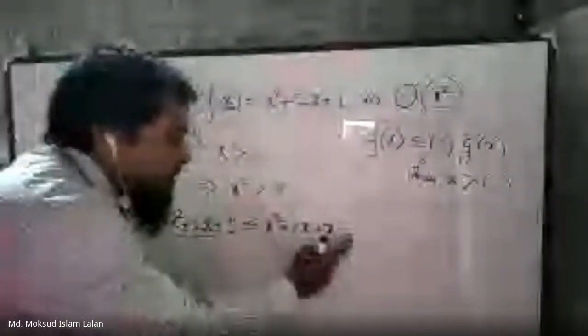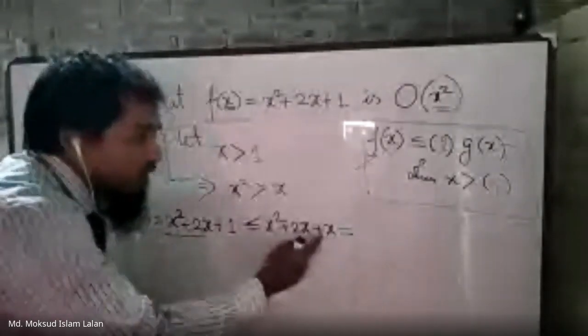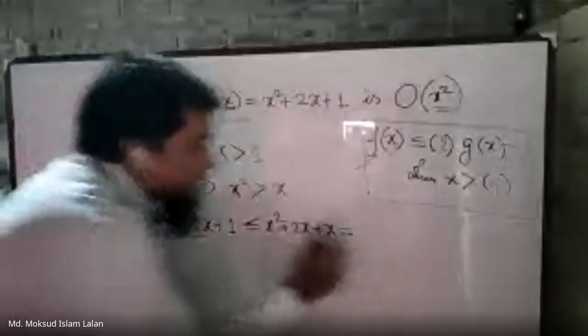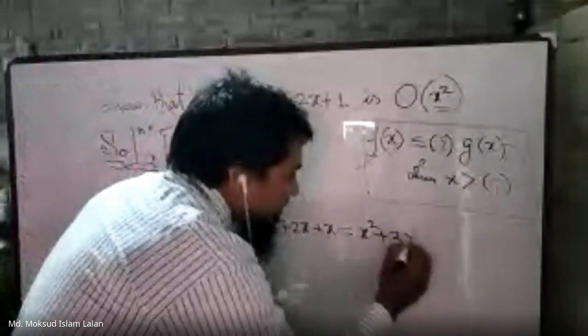Equal means for what? To equate this to this. But it's not equal. We are not using this equal sign to equate this one. We are equating for this line. I mean x square plus 3x, twice x, right?